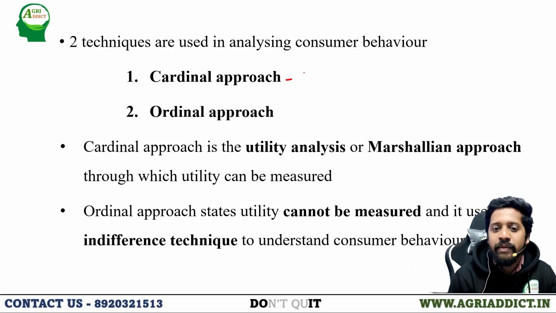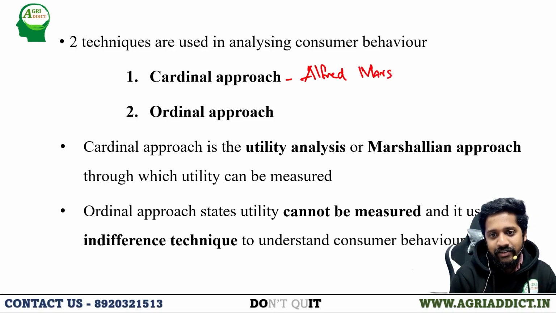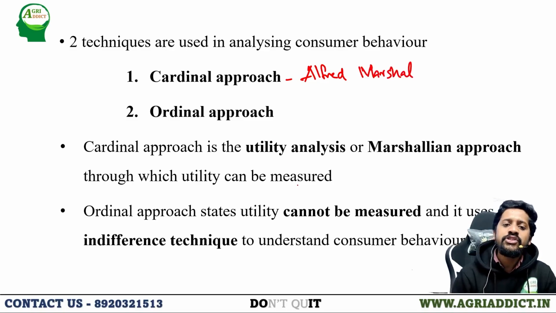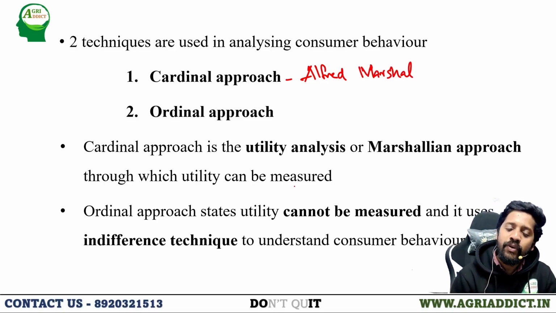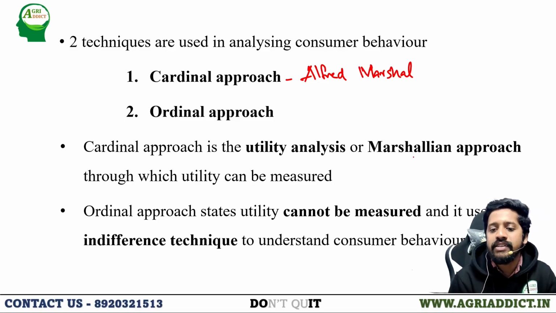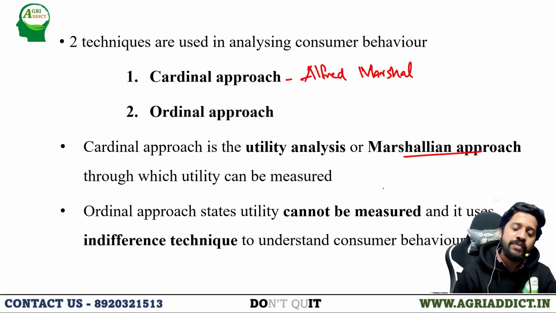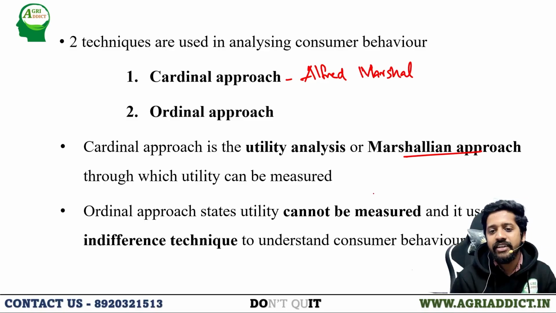Cardinal approach was proposed by Alfred Marshall. Therefore, cardinal approach or the utility analysis is also known as the Marshallian approach. I hope you remember Alfred Marshall proposed the welfare definition of economics.